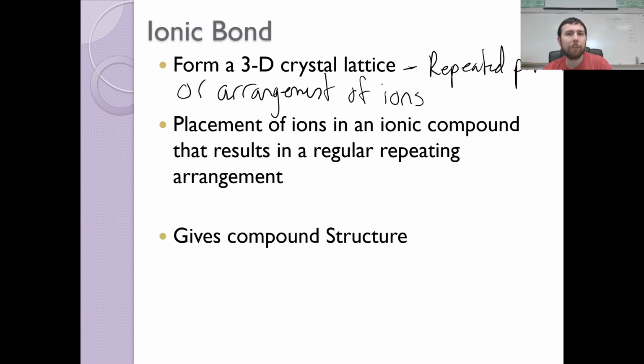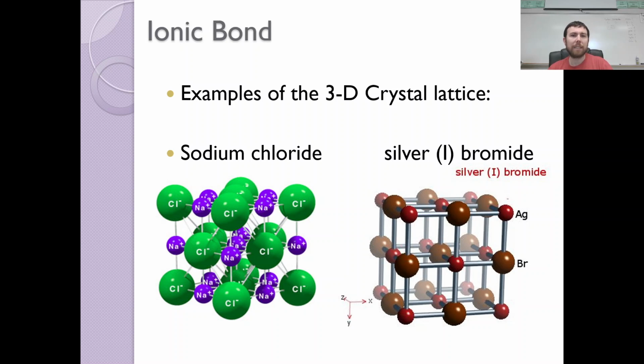Again, it's one thing for me to talk about it. Let's actually take a look at a picture. Here are some examples. We've got the crystal lattice structure of sodium chloride, and we also have the crystal lattice structure of silver(I) bromide.